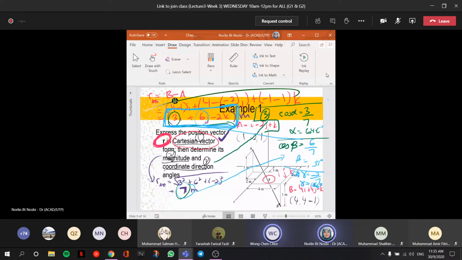No, you must refer to the value that you get from the Cartesian vector. Don't leave out the negative. If there's a negative, please take it in the calculation when you find the degree. Please don't leave out the sign, positive or negative. Okay, is there any question?